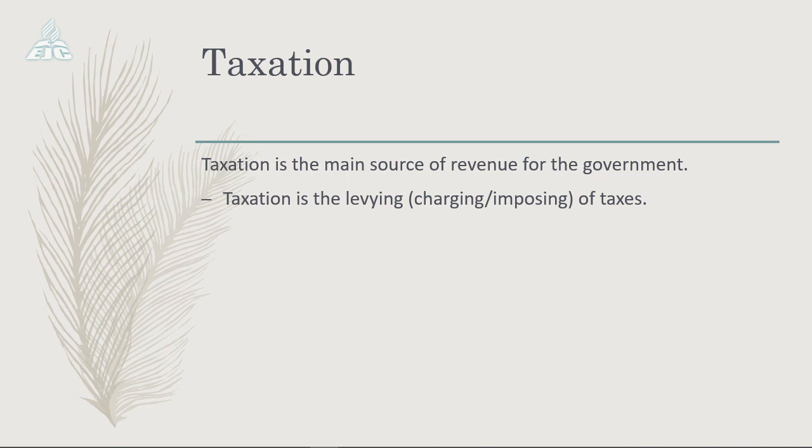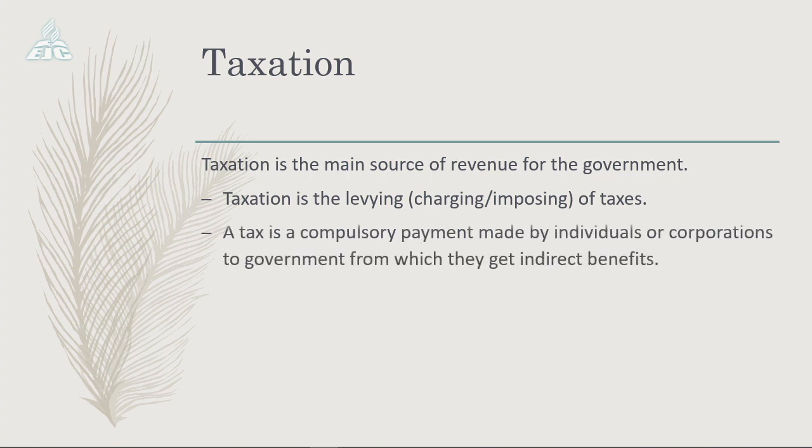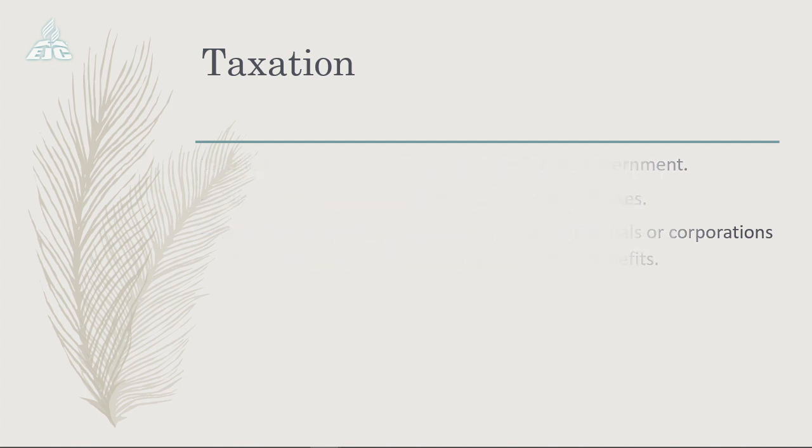And then you might ask me, what are taxes? Of course, a tax is a compulsory payment made by individuals or corporations to government from which they get indirect benefits, right? That is taxes.